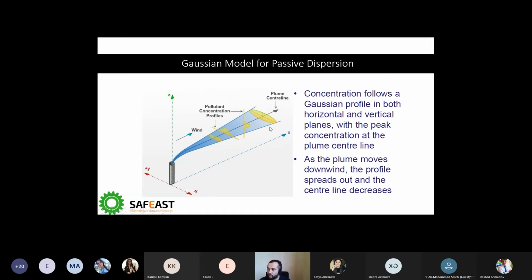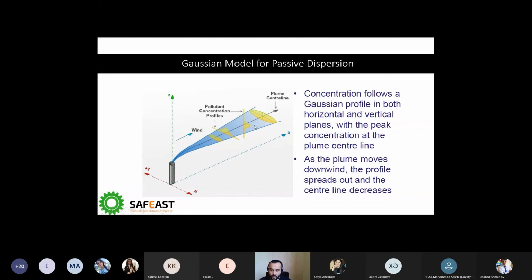And what you are trying to do is intermittent modeling to understand the concentration at a certain distance from the source. As you see, as the plume moves downwind, its profile will spread. If you look at the crosswind, it will make a bigger and bigger area.